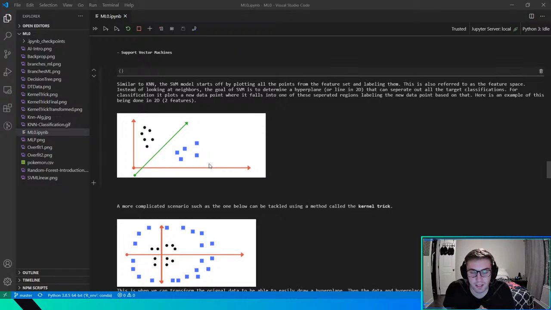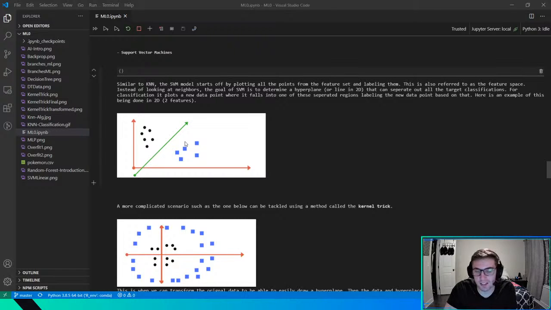So SVMs, basically the idea is that you have this line and you want to find the line that has the maximum distance between the two data categories. If you imagine these data points on here are legendary and these data points are not, you want to find the line or hyperplane, as they call it.